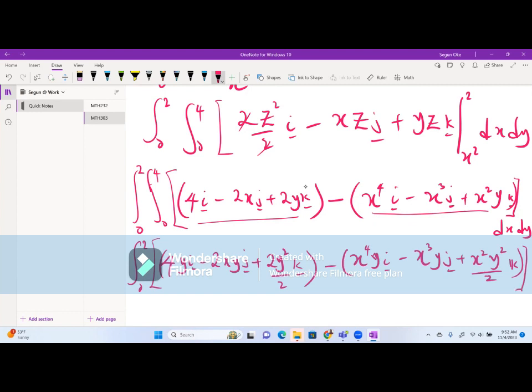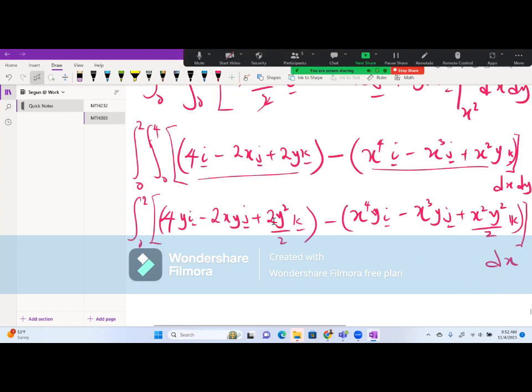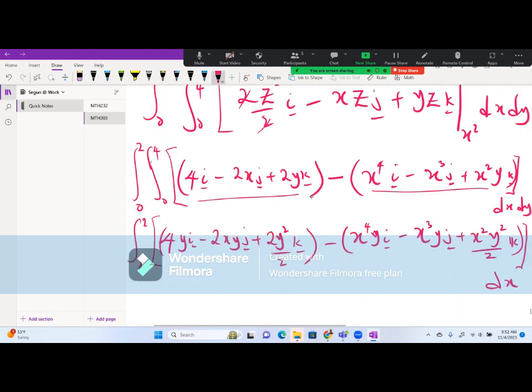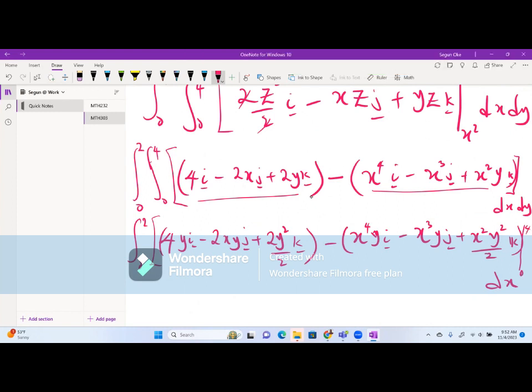So we need the x now. So let's integrate the x. Oh, before then, we need to substitute the limit. Don't forget your limit. Our limit says 0 to 4, upper limit minus lower limit.